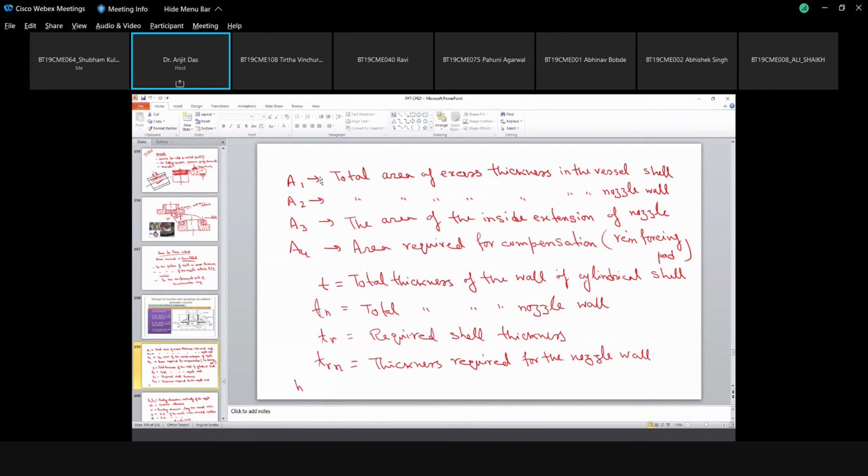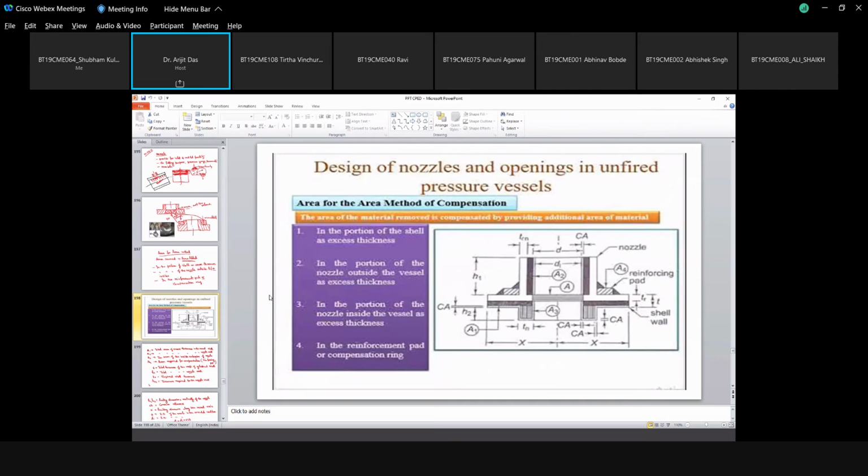What is A1, A2, A3, A4? The area you remove for making a nozzle is attached at four different places. A1 is the total area of excess thickness in the vessel shell. Where is A1?